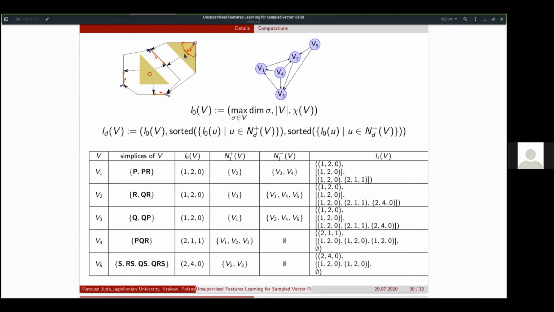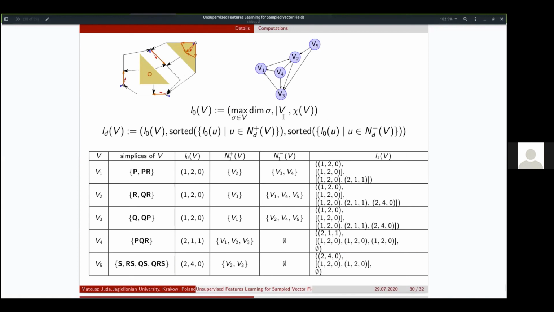So let me define the labeling at depth 0. At depth 0, we just take the vertex, its local simplicial structure, and we put some properties of that simplicial structure as the label. So what kind of properties can we take? We can take, for example, the maximum dimension of the subspace elements.